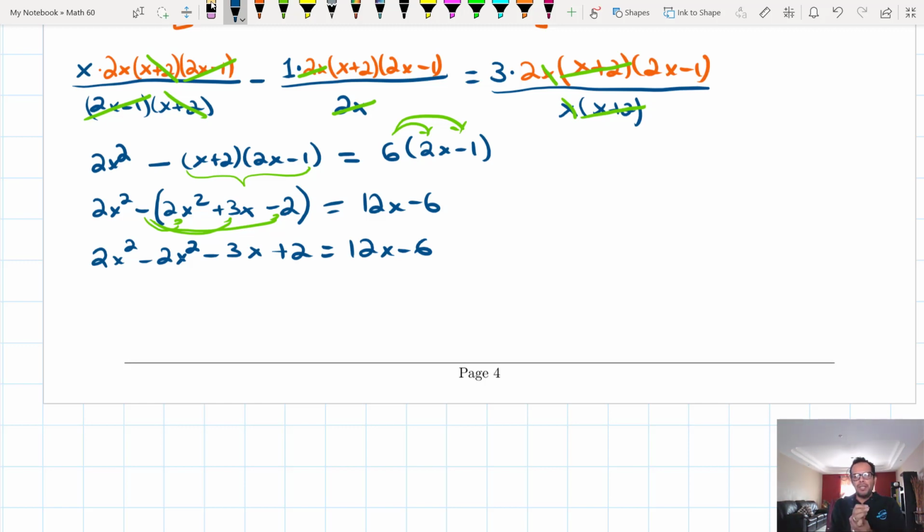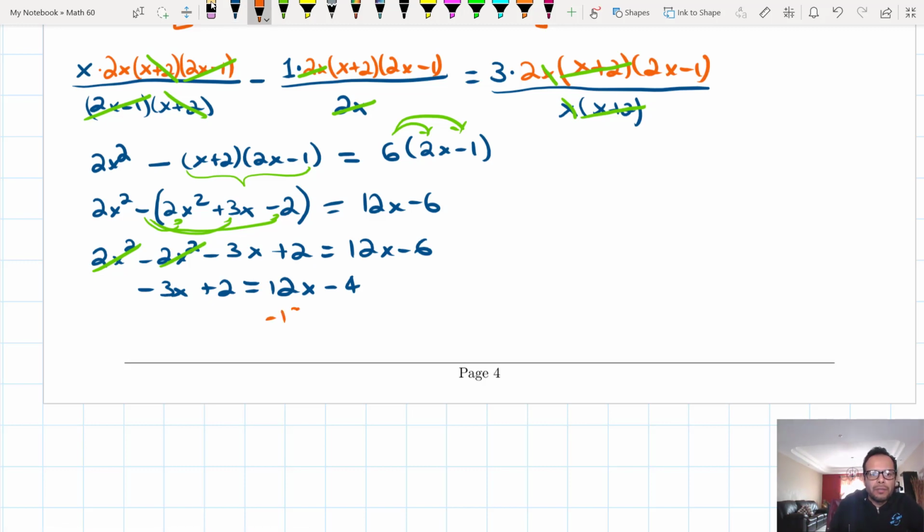Yes, at the beginning the equation looked a little bit complicated, but notice something interesting here. The squared terms go away, and ultimately we are just going to have a first degree equation, a linear equation. No factoring at all, just moving the x's to the left and the constant terms to the right.